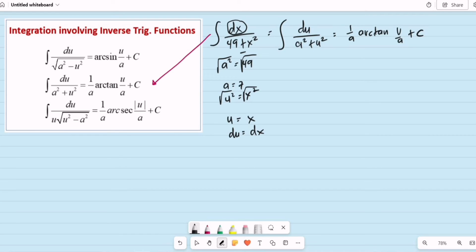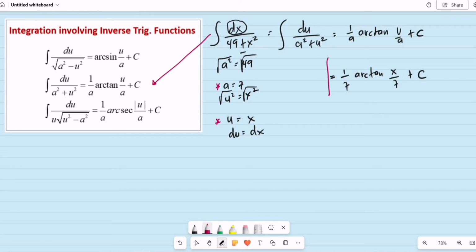So all we have to do now is substitute. The value of a is 7, and the value of u is simply x. So we have 1 over 7 multiplied by arctan of u, which is x, divided by a, which is 7, plus the constant c.